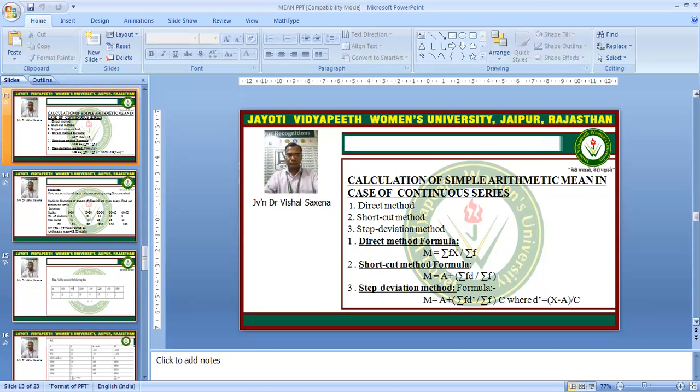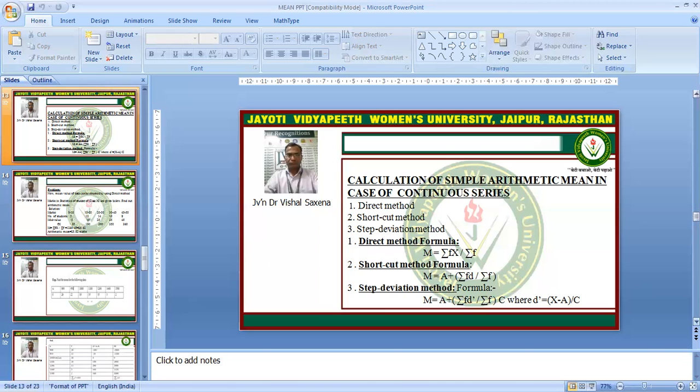In the direct method, we use the formula for arithmetic mean, that is summation fx upon summation f, and in the shortcut method, we use the formula A plus summation f into d upon summation f.